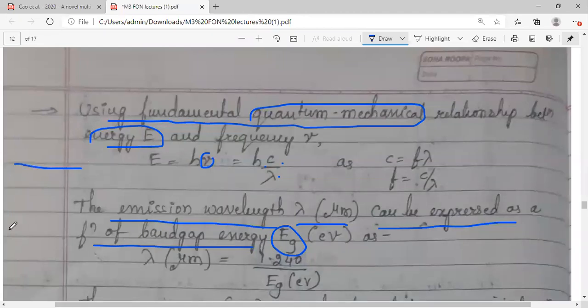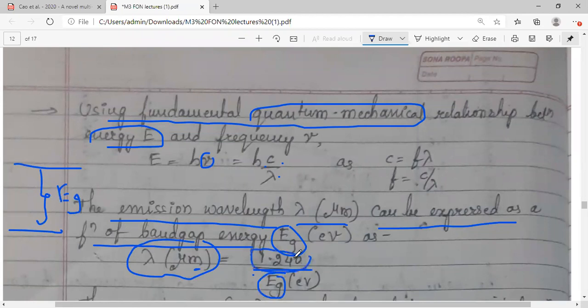This is the conduction band, this is the valence band, and this is what we call the band gap energy Eg. For an LED, lambda in micrometers is equal to 1.24 divided by Eg. Okay, this 1.24 factor has come because of the heterostructure. So this is your wavelength.